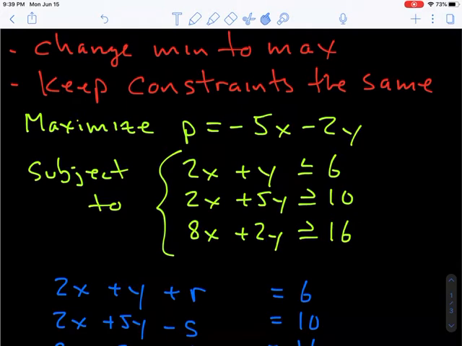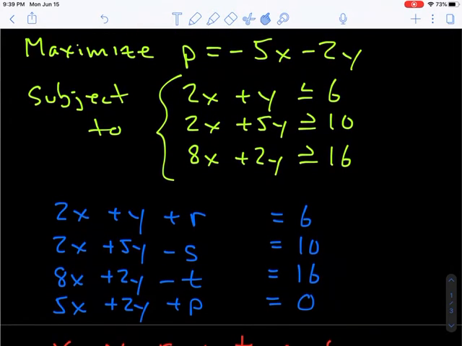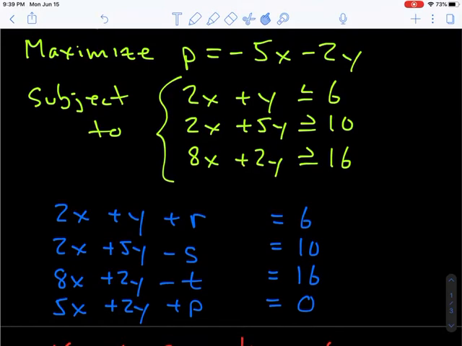So the first step is to create our system of equations. And so we start with the first constraint, 2x plus y. And so we have a less than or equal to sign. And that means that we are going to have to add a slack variable.